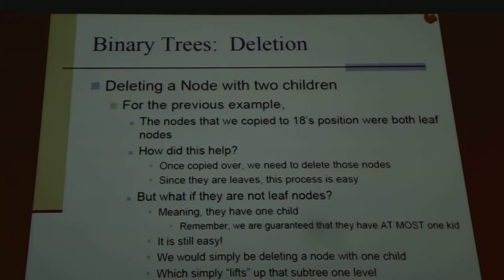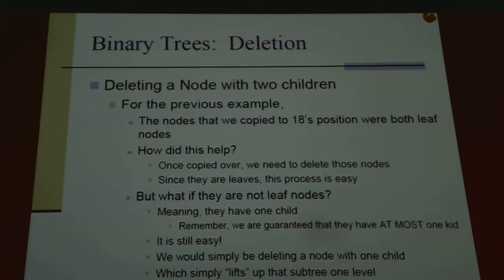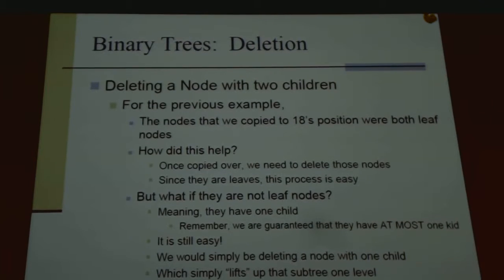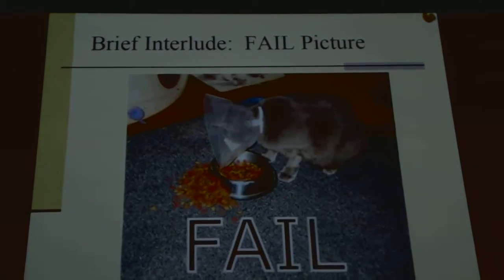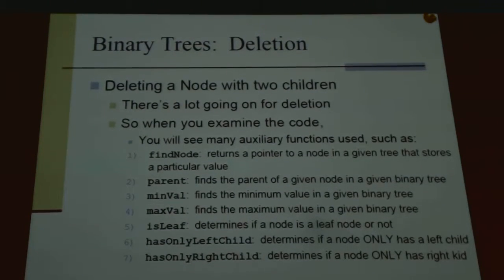So when we delete that node, we've got to copy the replacement node into the node that we want to replace. And so how do we do this? If they're not leaf nodes, or they only have one child, you have to guarantee there's at most one kid. And it's still pretty easy. We're just going to roll this up one level. All right.